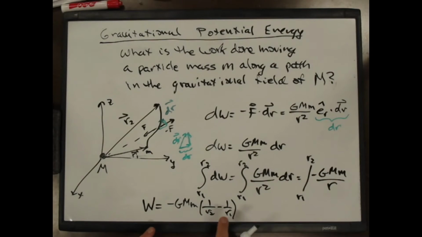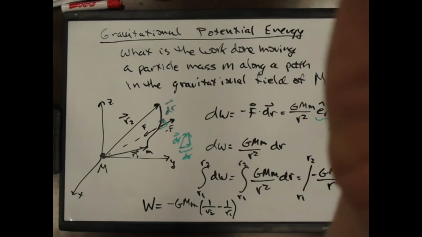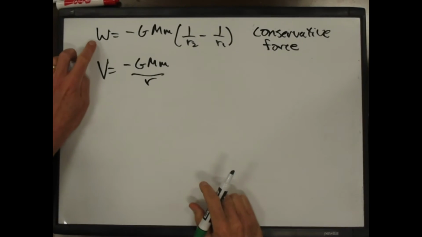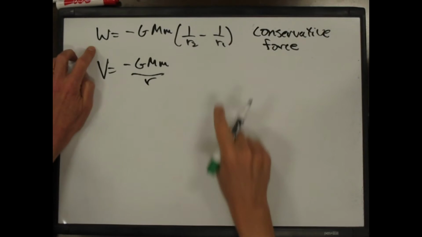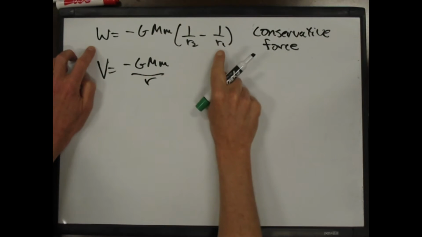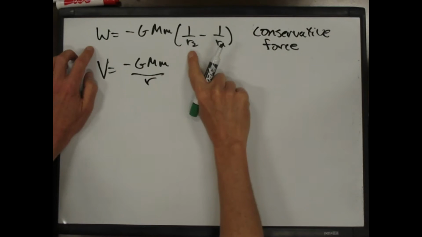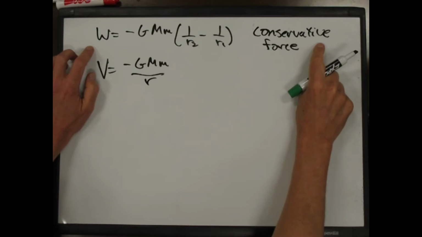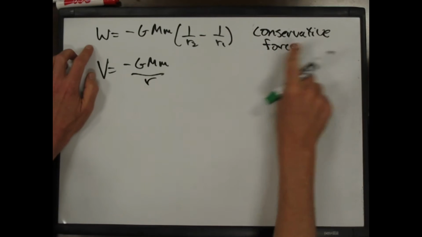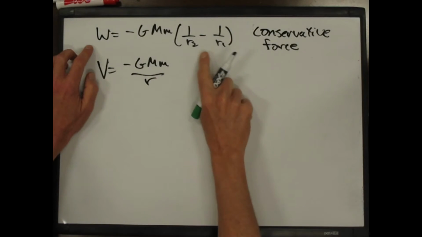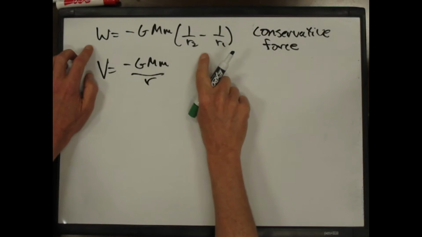We'll talk some more about this in a second. So this is the work that you have to do to move a particle from R1 to R2, and notice that for that integral the result came out depending only on the endpoints, which makes it a conservative force, which we already knew. Once again, when you integrate the work done, it just depends on the endpoints.